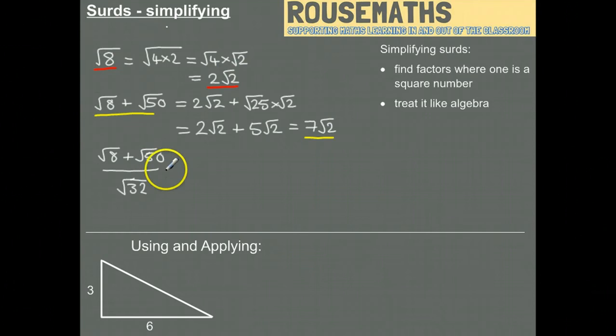Okay, we're going to continue with that. So we know that root 8 plus root 50 can be simplified to 7 root 2. Now for root 32, again we want to find two factors where one of them is a square number. So we've got 1 and 32, 2 and 16. So let's start with that. You can see why I want to choose 2. It's nice to have the same square root in each of our answers.